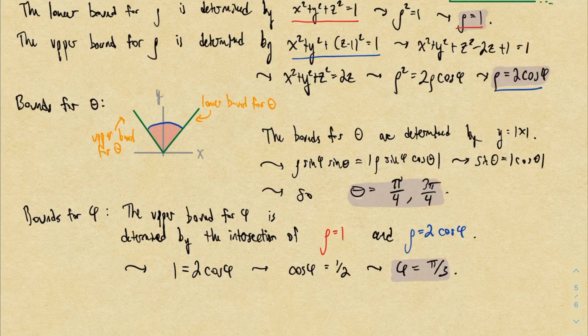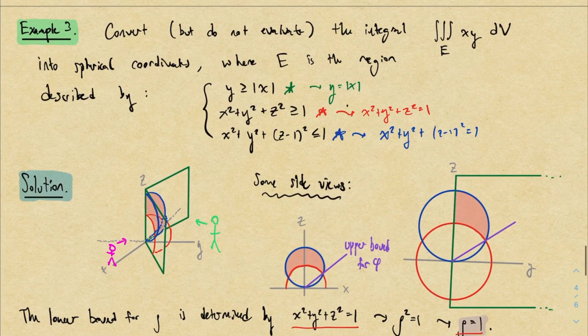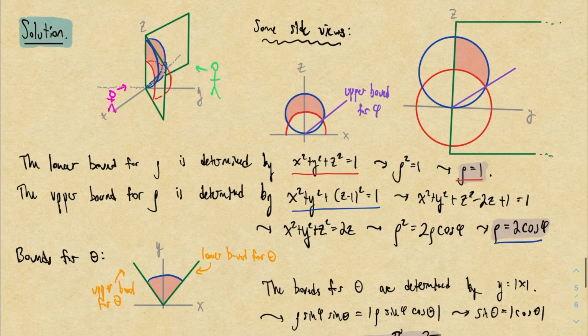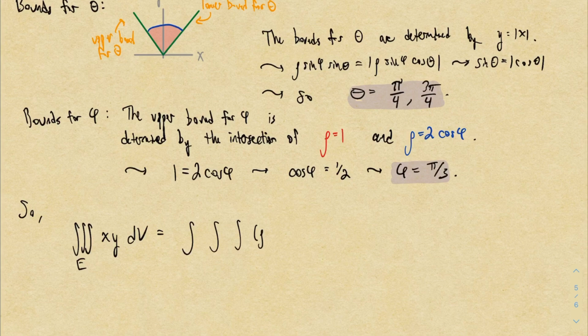So the hard part's over, we just have to convert the integral into spherical coordinates. The original integral we cared about was of x, y over this region. So what do we get? Our integrand we change using the spherical transformation equations. X is rho sine phi cosine theta, y is rho sine phi sine theta. The differentials I have to change with multiplication of the Jacobian.